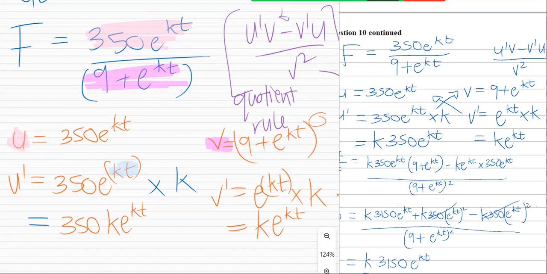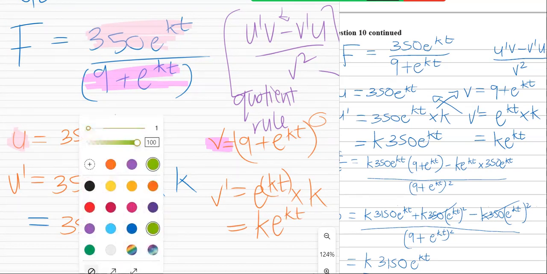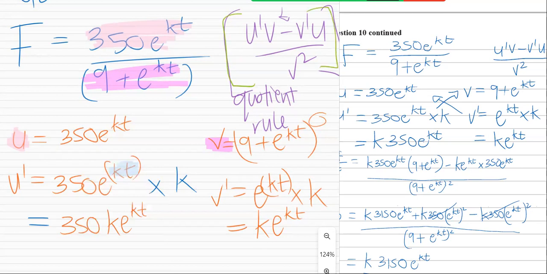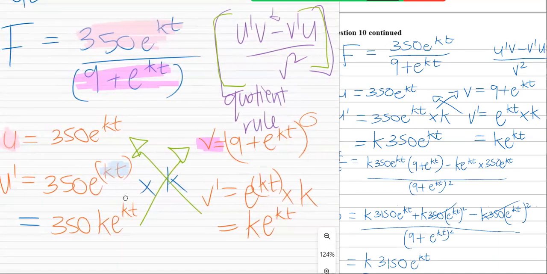So we have our u and our v and our u dash and our v dash. The next step is to follow our quotient rule order. So I do u dash v goes that way, v dash u goes that way. U dash v minus v dash u over v squared.